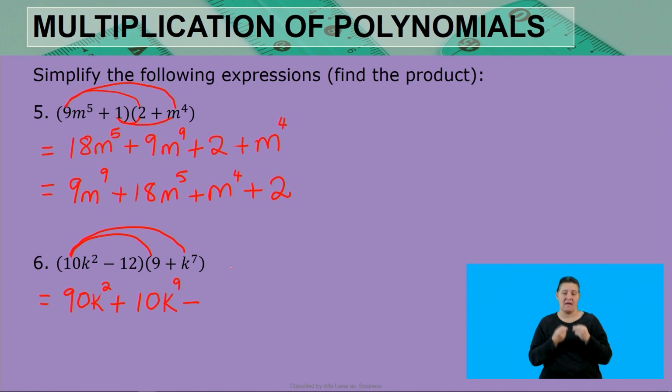Then we are subtracting. We have 12 multiplied by 9. Now 12 multiplied by 9 is 108. Then again, we are subtracting. We have 12 multiplied by k exponent 7. That is going to be 12k exponent 7. Again, we look if there are any like terms.